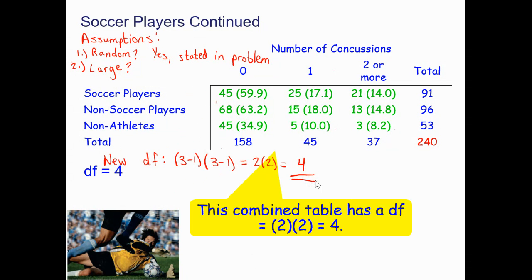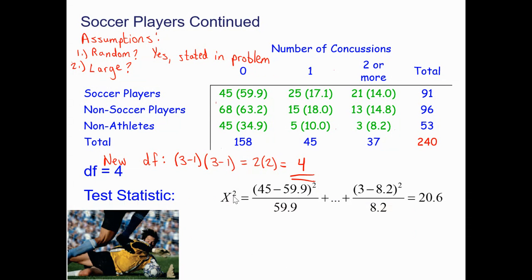So the next step is to calculate the test statistic. We just start at the first cell, and we say observed minus expected, squared, divided by the expected.